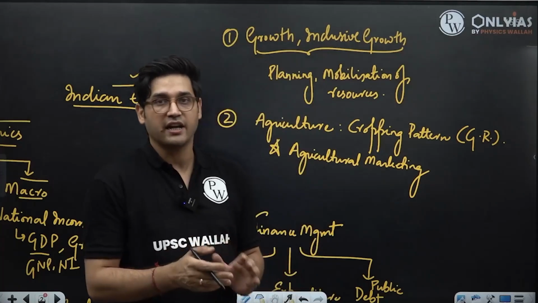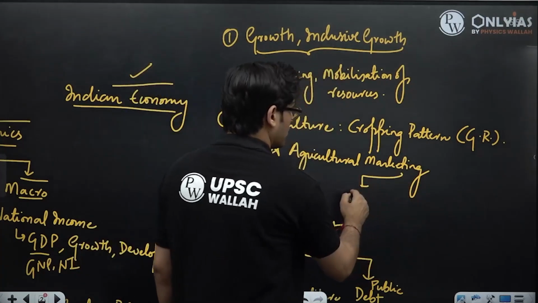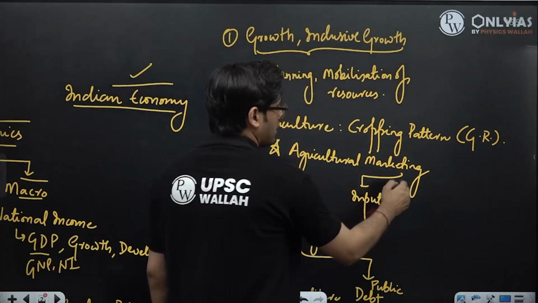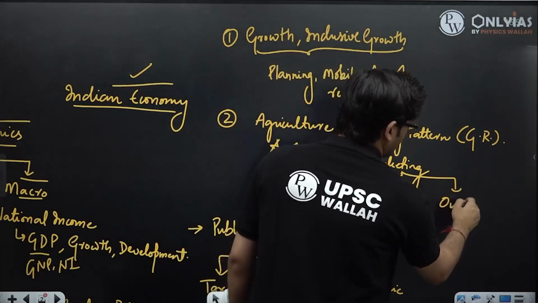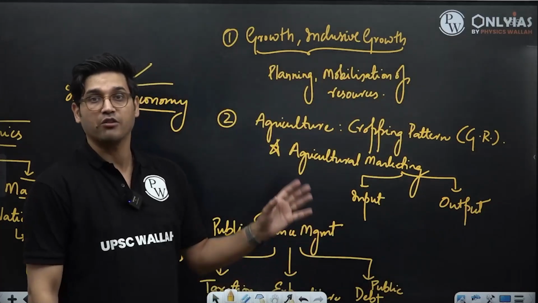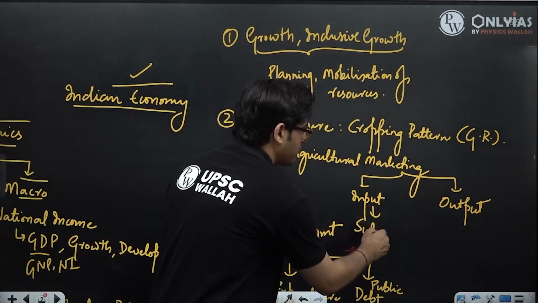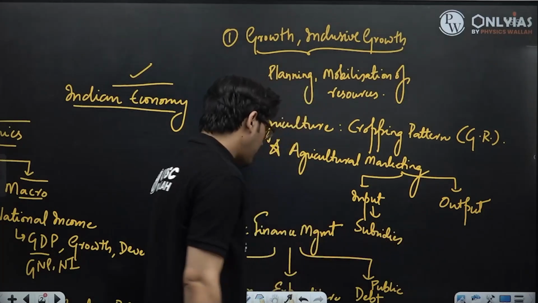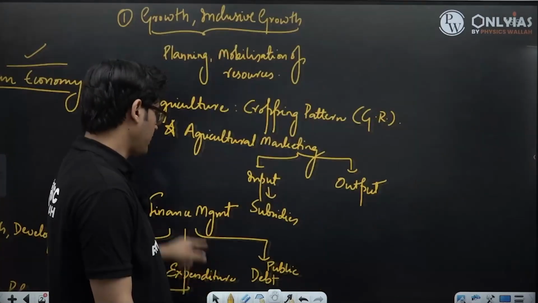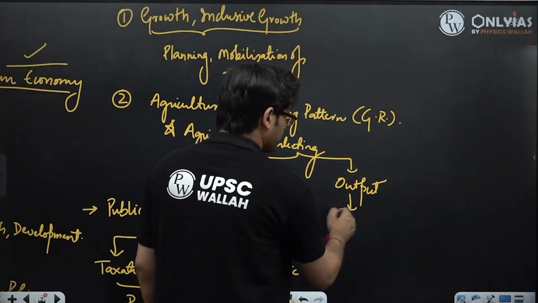We broadly divide agricultural marketing into 2 aspects. One will be what is called input marketing, and the other one would be what is called output marketing. As part of input marketing, we will have to be discussing a very important concept, which is that of farm subsidies.